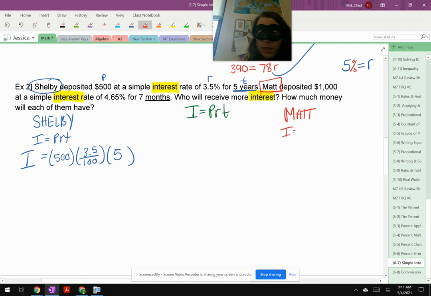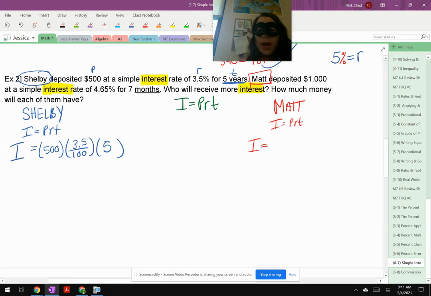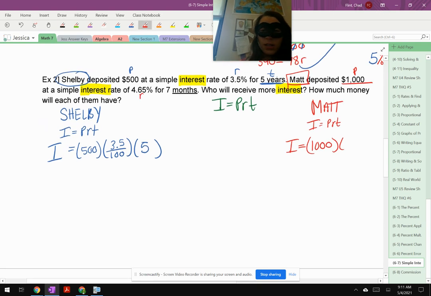So Matthew, again, still using that I equals PRT formula and still going to be finding the interest. Matt has a principal of 1,000. That's what he started with. Matt's rate is 4.65 divided by 100.